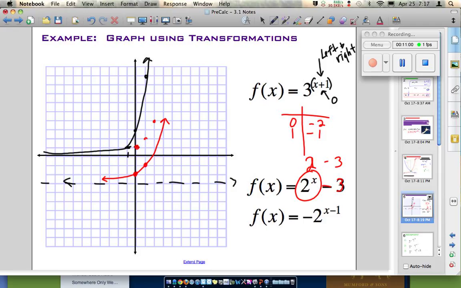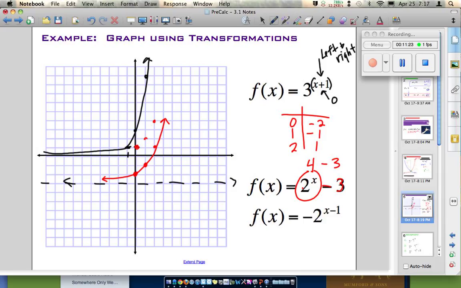And then at 2, I would get 2 to the second, which is 4, minus 3, which is 1. So I should have actually gotten right into that point right there at 2. But transformations are your friends here to help you see where this graph would fall.